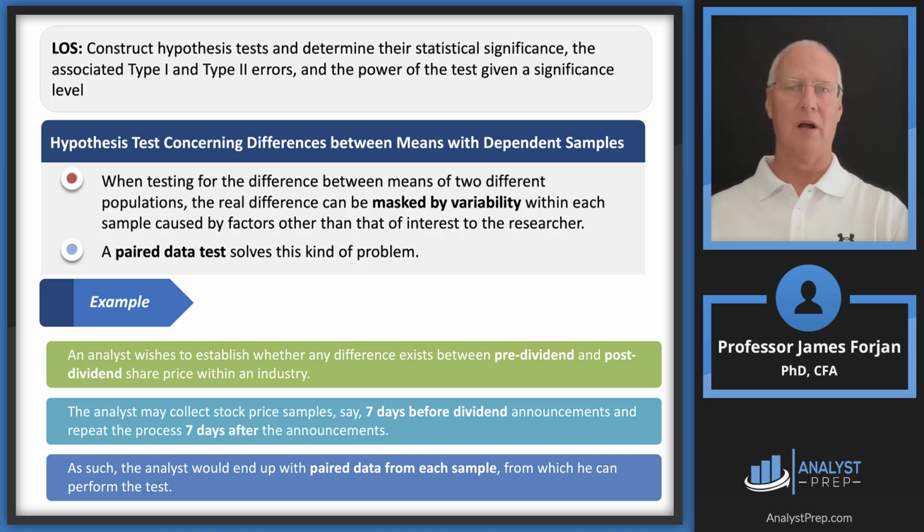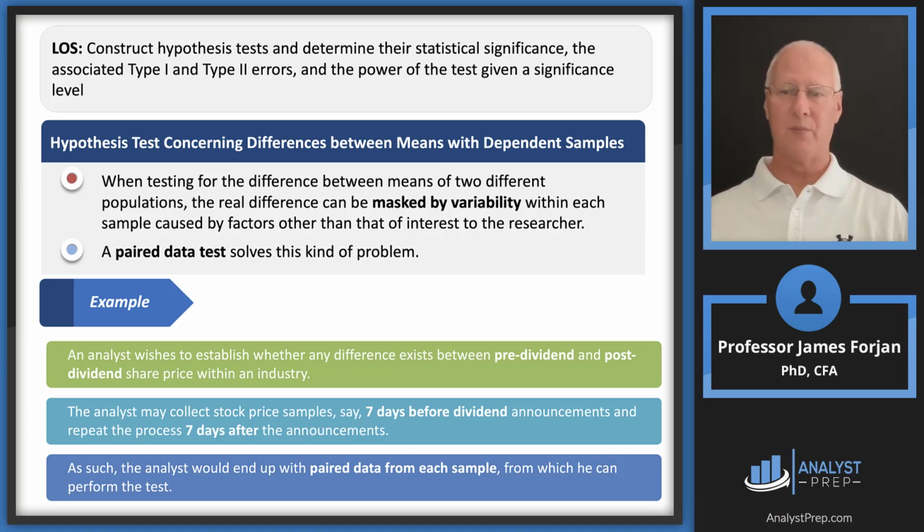Now, how about if we refine this conversation to go with dependent samples? So what we need to do is some kind of a paired data test, right? The difference between means of two different populations. All right, so look at just some examples down there in the green and the blue and the dark blue.